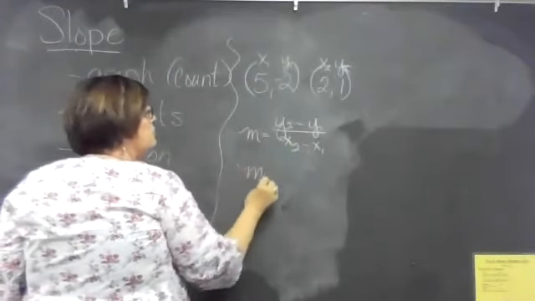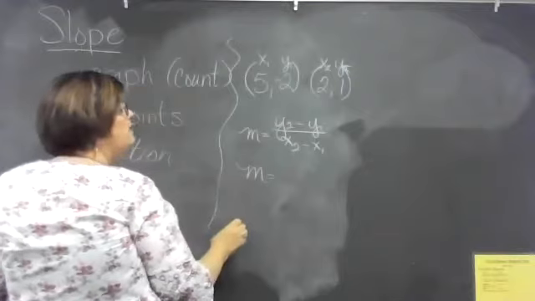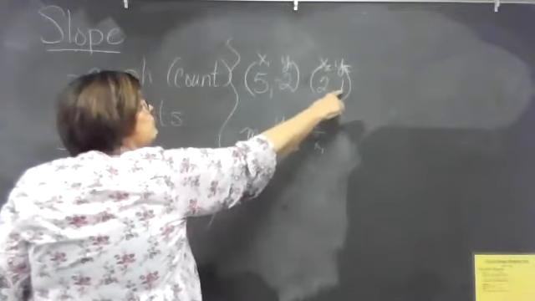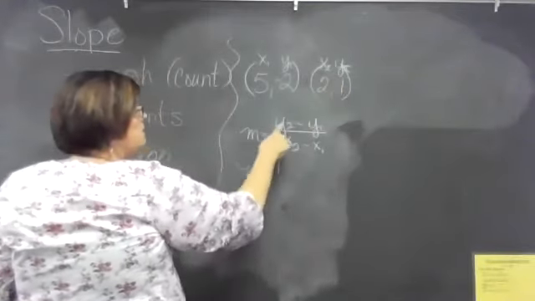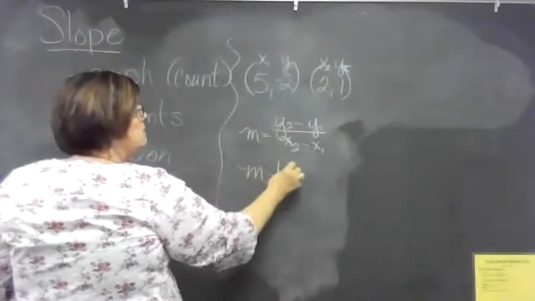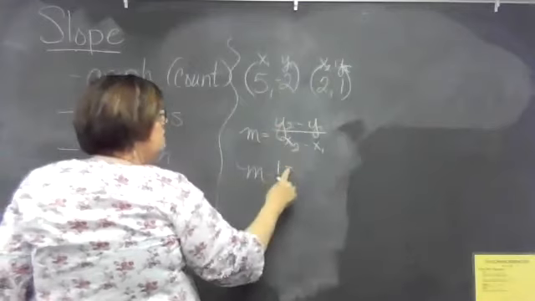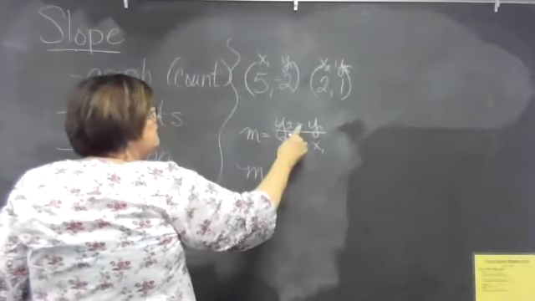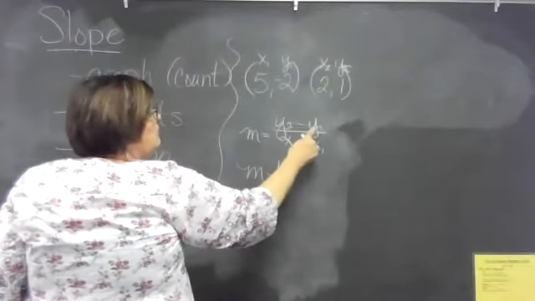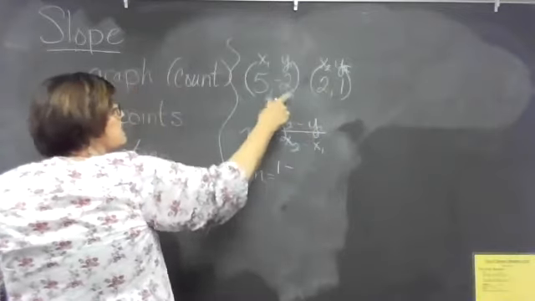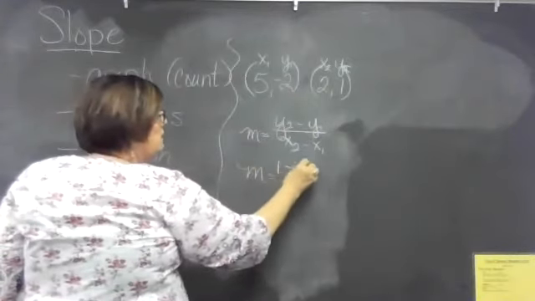So I have now that the slope equals y2, the value of y2 is 1, minus y1. And remember, this minus has to do with this. And then when I put in the value of y1, it is a negative. So I also have -2.